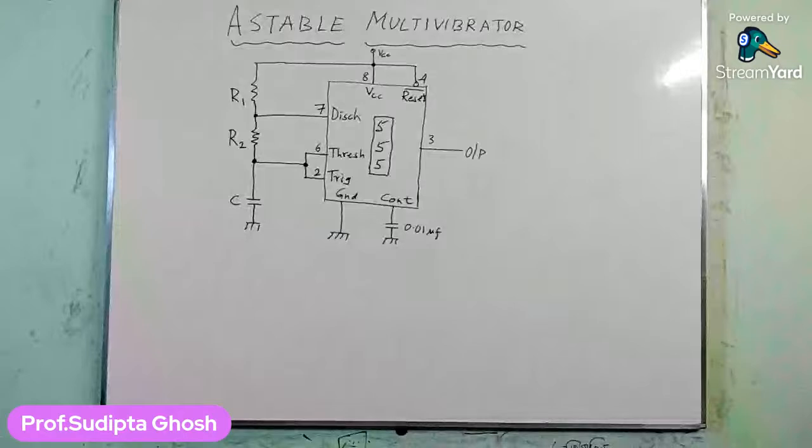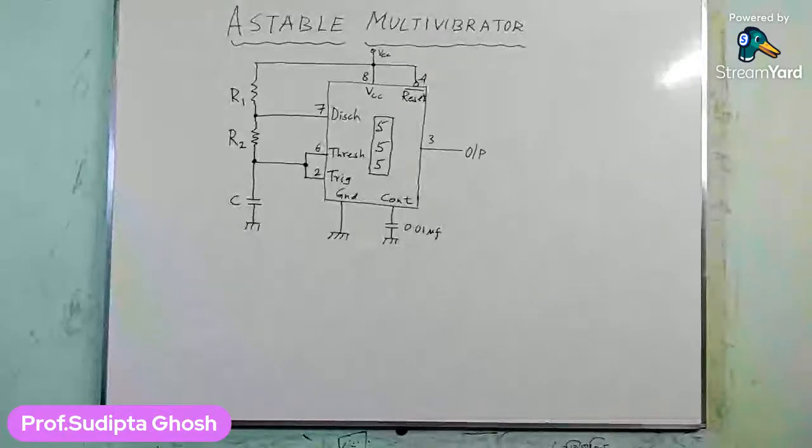As we discussed in our previous lecture on the monostable multivibrator, as well as when we discussed the 555 timer as a whole, when the trigger pin goes below VCC by 3, the output of the timer is high.